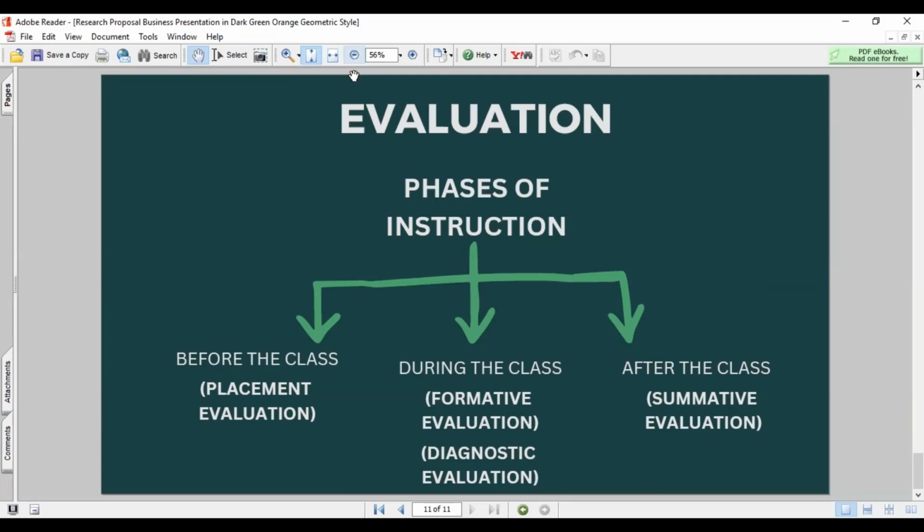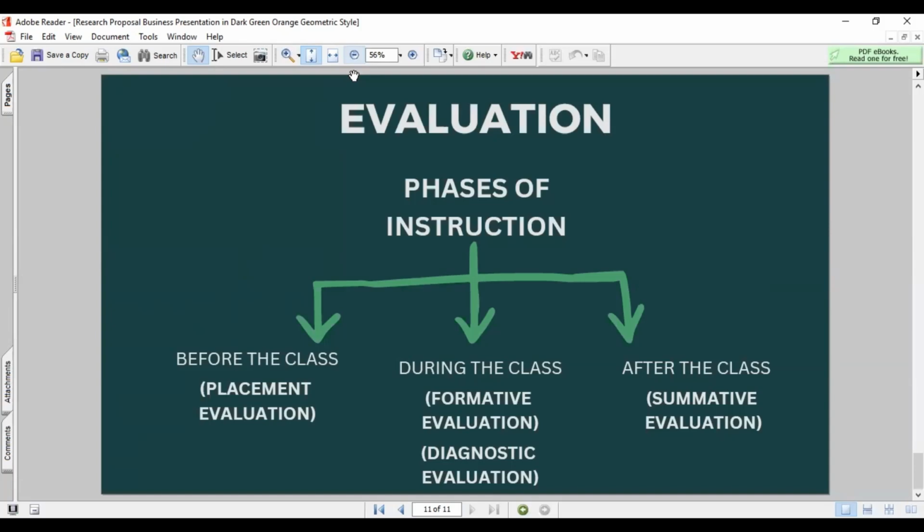Maybe in the previous session also, at the end of the session you can ask certain questions or have them fill up a form or something. So that kind of evaluation is done before the class, so that the teacher can make the session more fruitful, and the goals of this learning can be achieved.